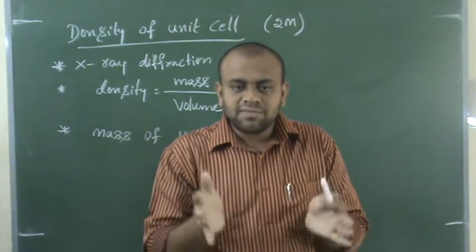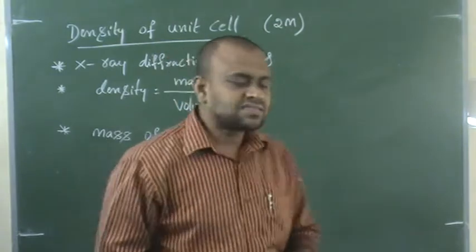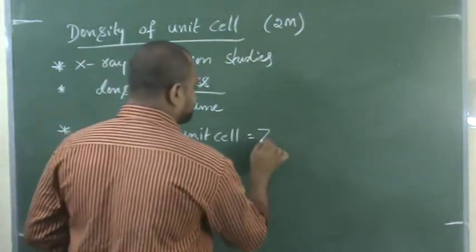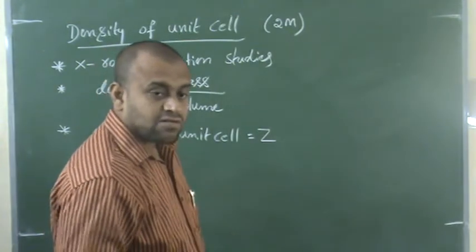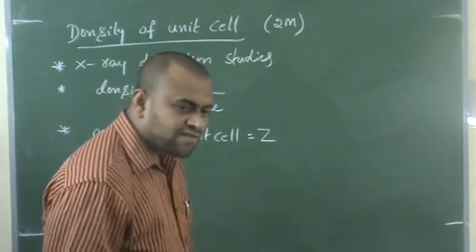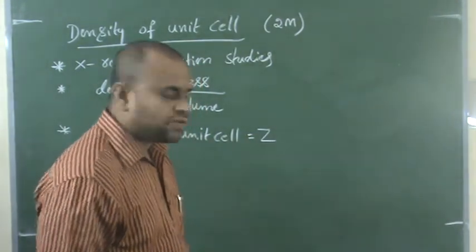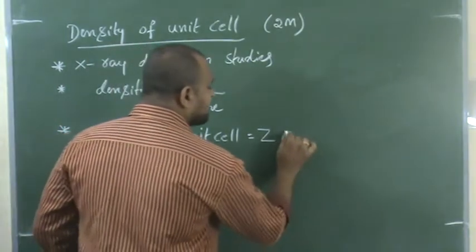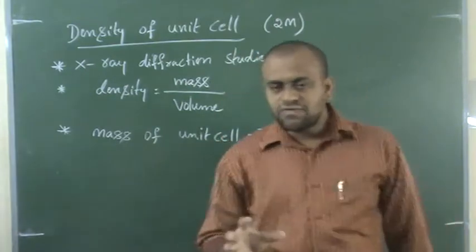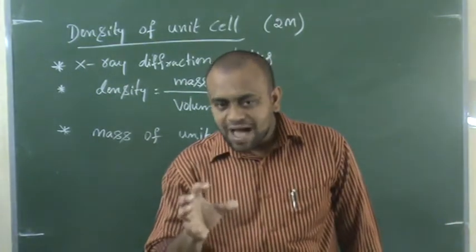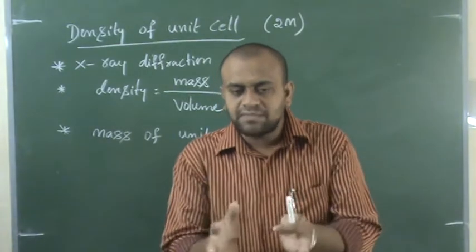The number of particles is denoted by Z. So what is the mass? The total mass of the particles, whether it may be FCC, BCC or primitive. So the mass of the particles be M. See, very simple. If I ask you to find the weight of apples in a bag, it is nothing but the weight of the number of apples.